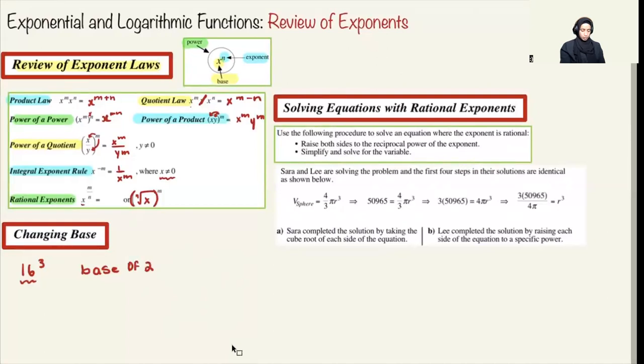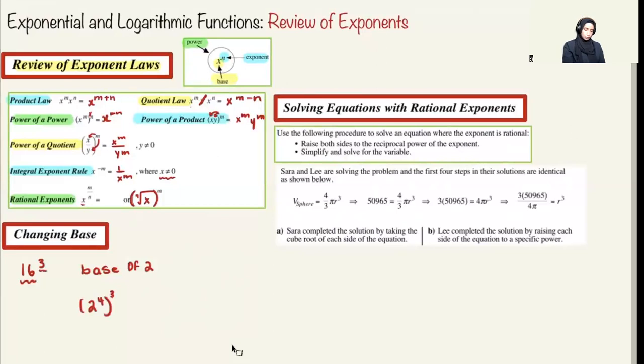All right, well, if I would do this, I would say, okay, well, how can I have 2 instead of 16? Well, 16 can be written as 2 to the power of something, right? 2 to the power of 2 is 4, 2 to the power of 3 is 8, 2 to the power of 4 is 16. And so I can go 2 to the power of 4 instead of 16, right? I'm just replacing 16 with 2 to the power of 4, which is basically the same thing, all to the power of this 3 that was already there.